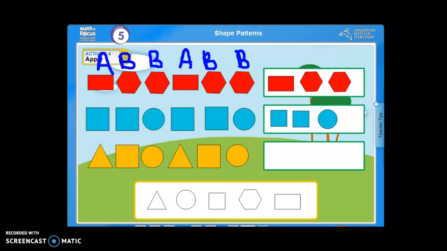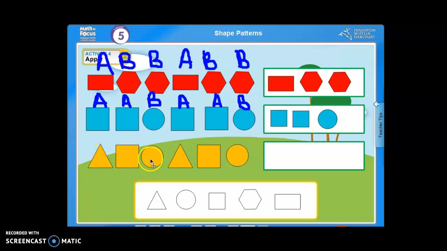So what kind of pattern is this? If we start out with A, is this the same or different? It's the same shape, so this stays A. So A, A, B. A, A, B.